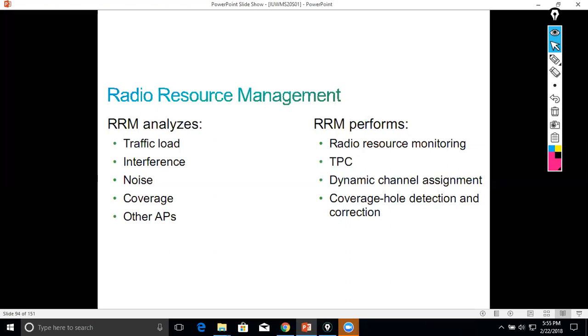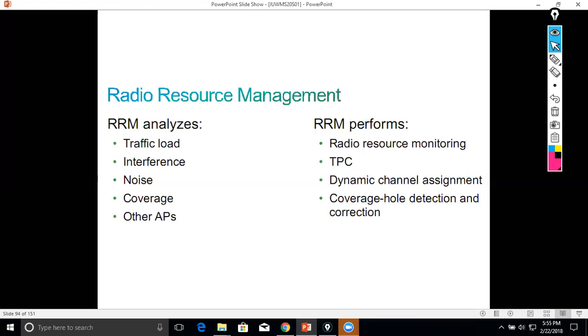Radio resource management contains information on the radio hardware, treated as a resource, processed by the controller as an engine, which takes decisions for management and posts configuration on the APs accordingly.